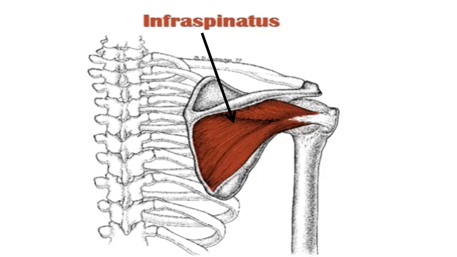It passes behind the shoulder joint and is attached to the humerus. If it contracts and pulls on the humerus, it will cause lateral rotation of the humerus. So the infraspinatus is a lateral rotator of the humerus.